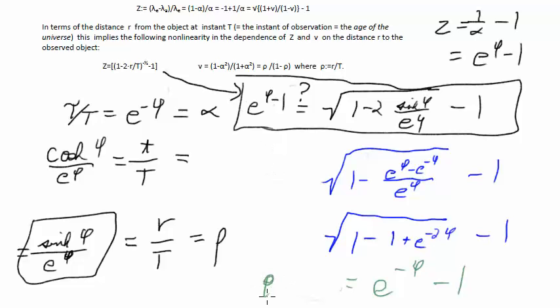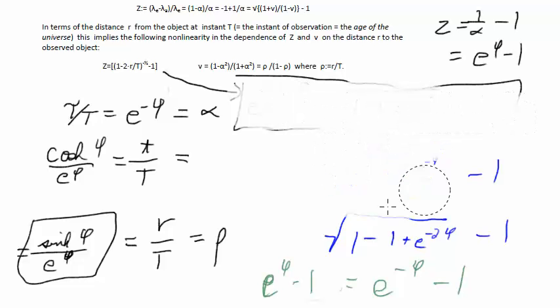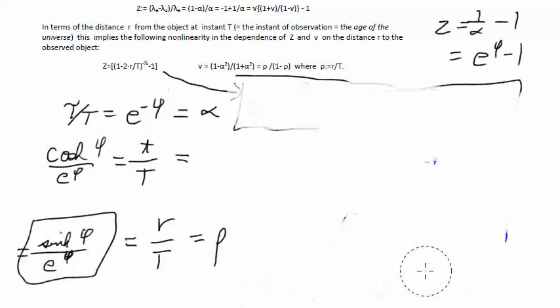No, I got e to the phi minus 1 equals e to the negative phi minus 1. It looks backwards a little bit. Probably deserves to be rechecked, but that's what I got right now. So I'll erase that for now, but we've still got it recorded, so hopefully I can look at it later.